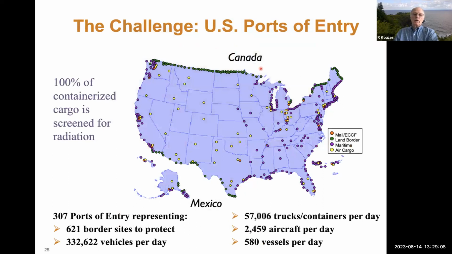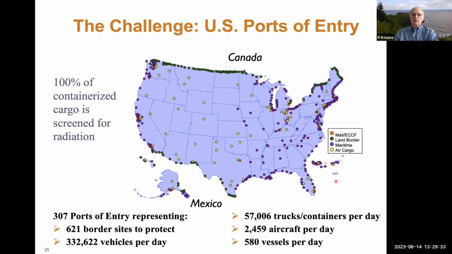Under a program that PNNL ran, we placed radiation detectors at every US border crossing. These include land border crossings with Canada and Mexico, seaports on the West Coast, the Gulf Coast, and the East Coast of the US, as well as Alaska, and airports scattered throughout the US.